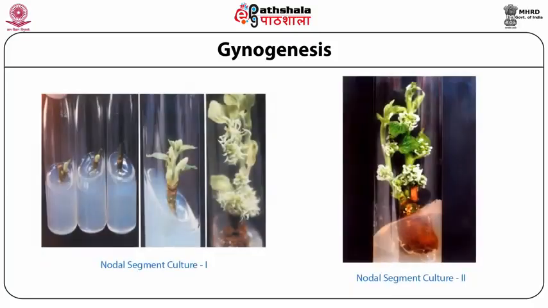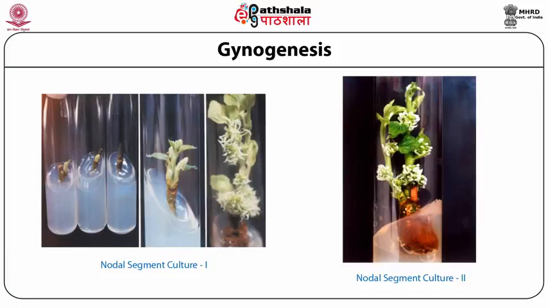Now, the factors that affect gynogenesis are similar to those for androgenesis: you have to have a suitable medium, you have to have the right stage at which the ovules are cultured, and then you give it a pre-treatment of cold temperature to induce gynogenesis.